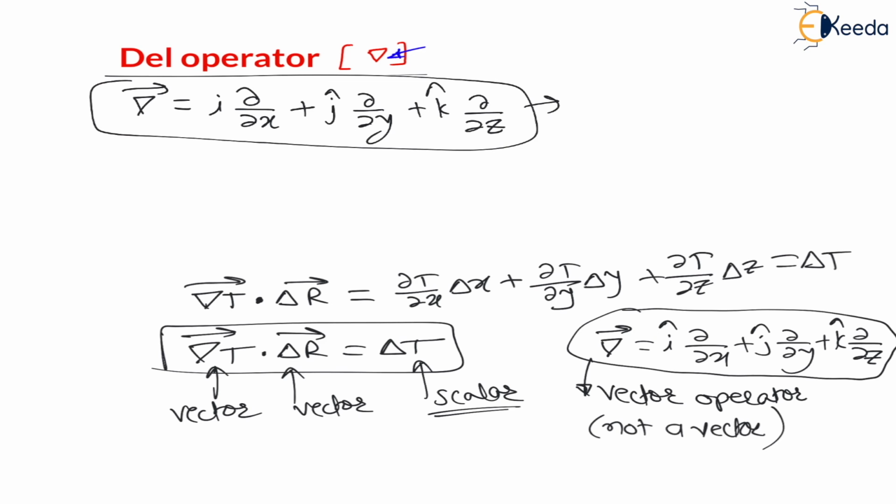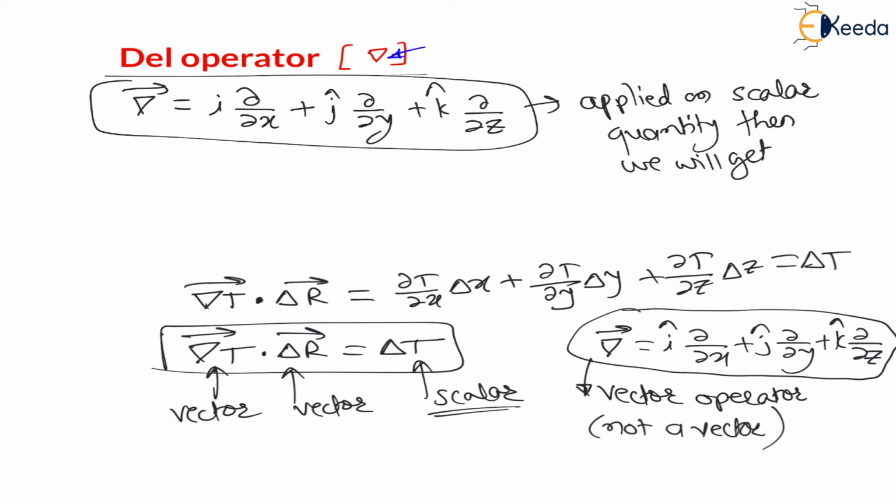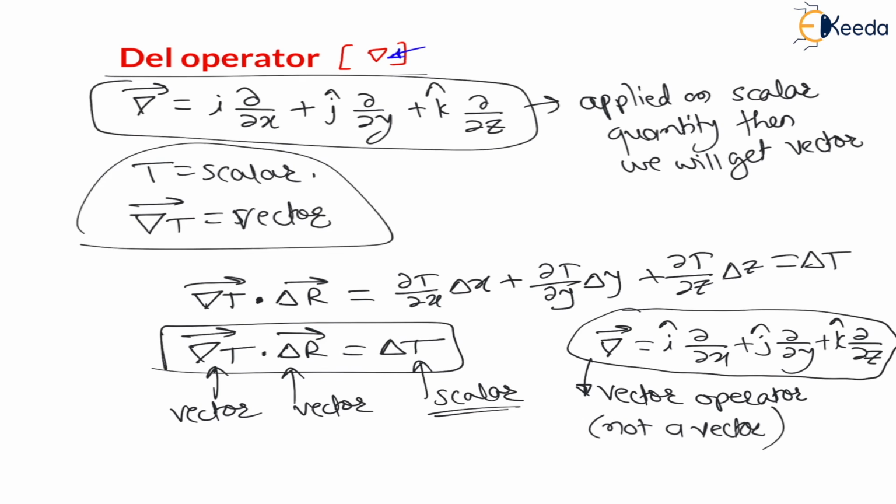If this operator is applied on a scalar quantity, then we will get a vector quantity, such as temperature is a scalar, but del T, where I have applied the del operator, is a vector, right?